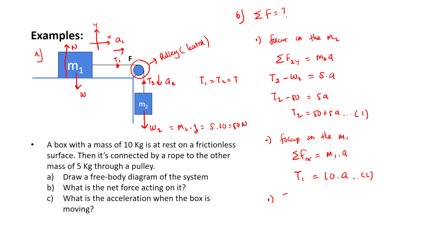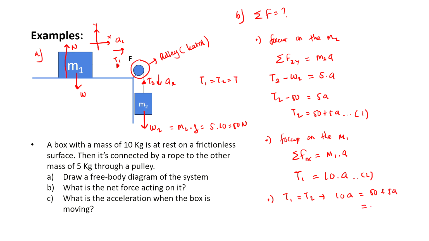Now we can make an equation: T1 is equal to T2, so 10a will be equal to 50 plus 5a.